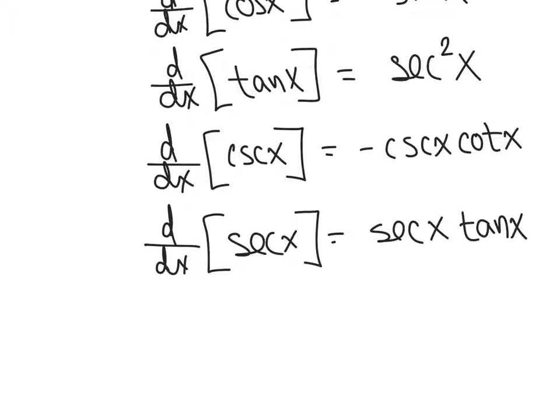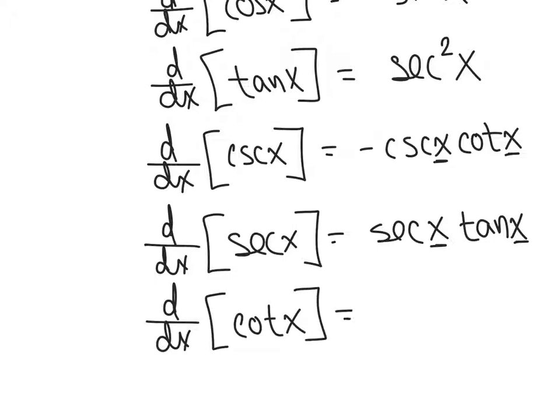As you're writing these, don't forget your x's, or if you were using thetas, you could certainly use thetas. But these expressions without a variable in them become meaningless. And the last one is the derivative of cotangent, which is going to be negative cosecant squared.